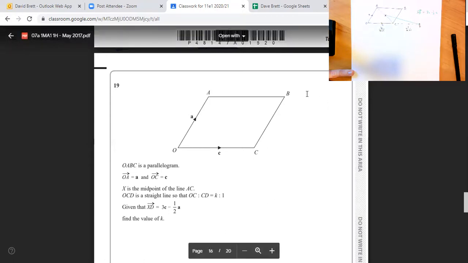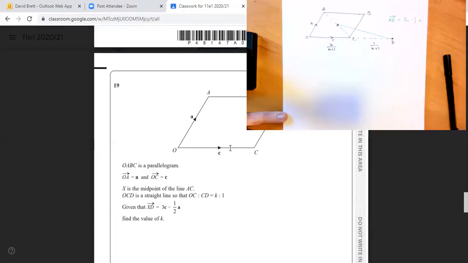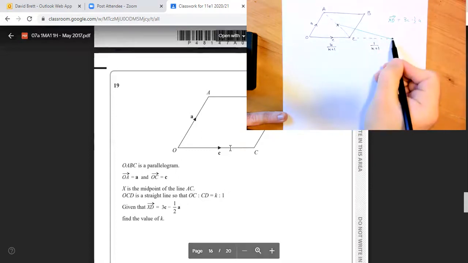Okay, so find the value of K. So we know that X to D is that.